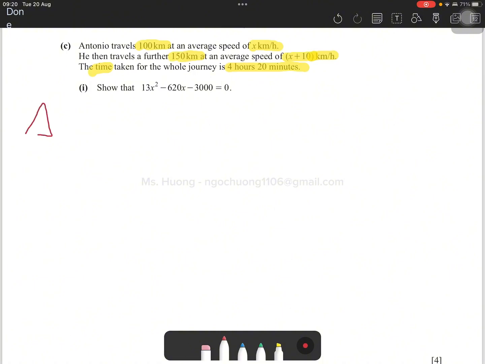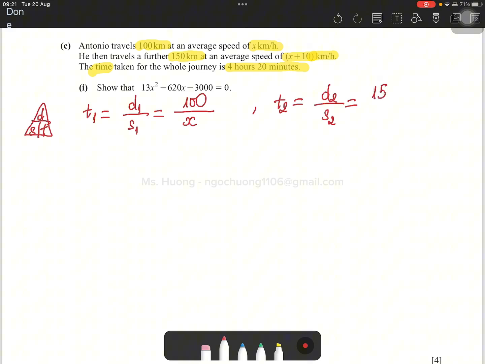According to the DST triangle, the time for the first part is equal to the distance divided by the speed. So the first distance is 100 kilometers. The first speed is x kilometers per hour. And the second time is equal to the second distance divided by the second speed. The distance is 150 kilometers and the speed is x plus 10 kilometers per hour.